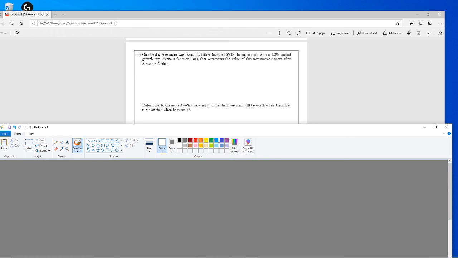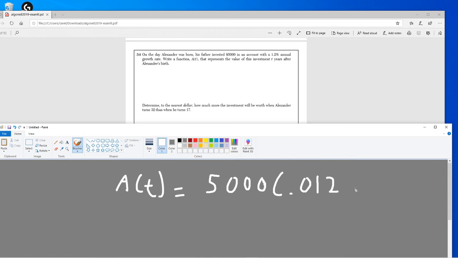So, since this is not a compound interest problem, it's a continual growth, right? A of t is simply its principal, right? Multiplied by its percent, or in decimal form, 0.012, right, to the t years.